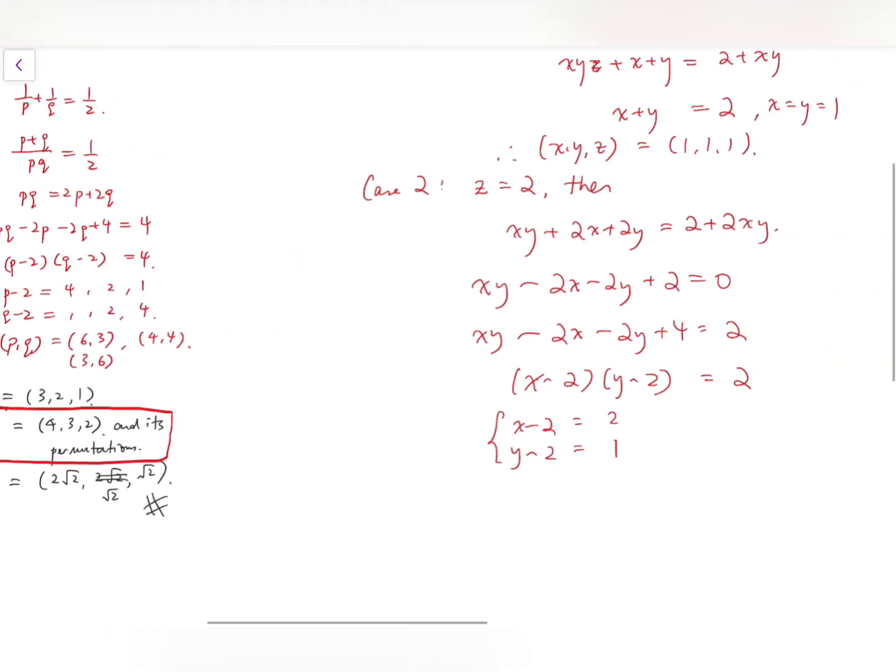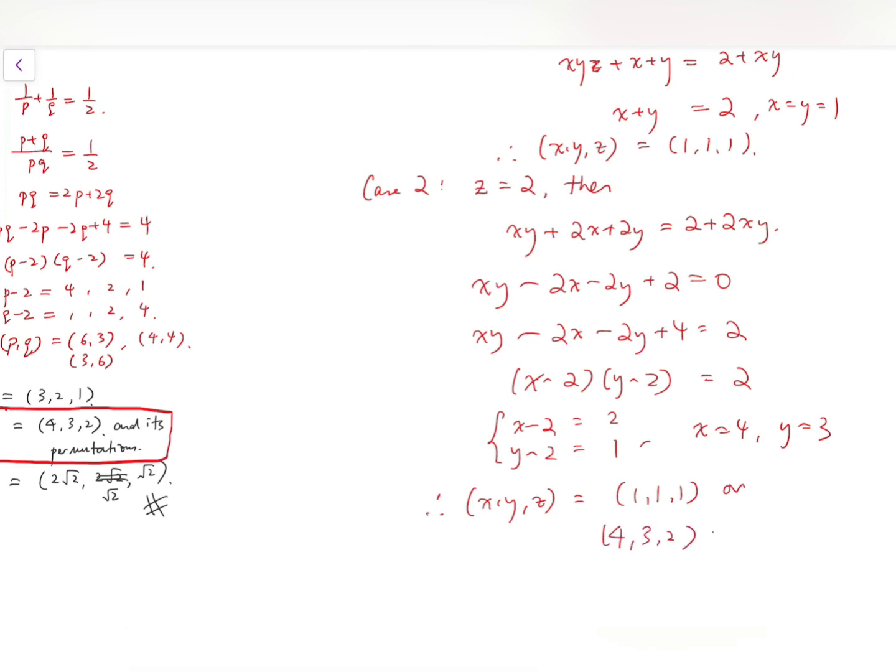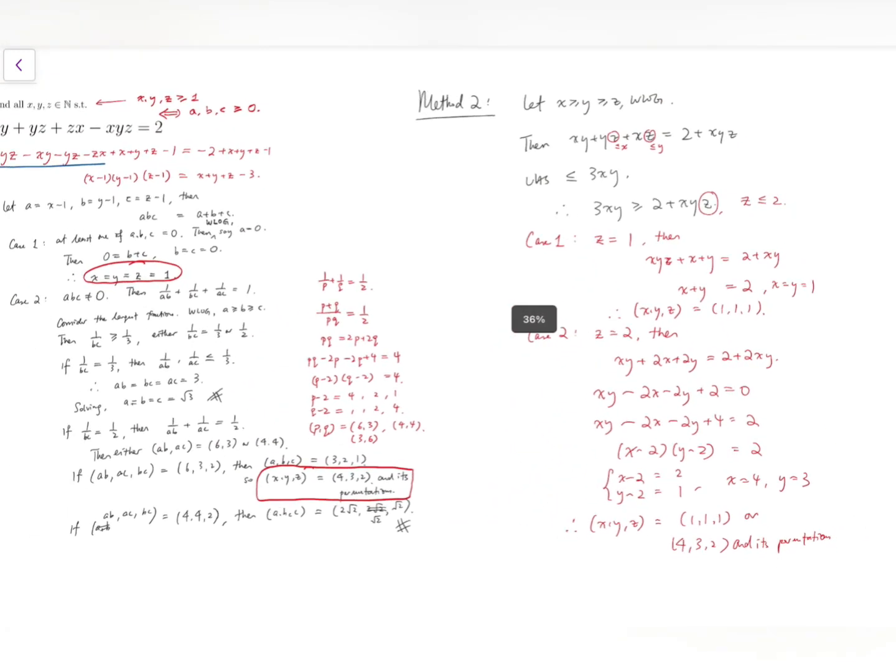Then solving, you will get x equals 4, y equals 3. So again, xyz is either triple 1 or 4, 3, 2, this set and its permutations. We only permute 4, 3, 2, but not the triple ones. Okay, so here are the two approaches that I have in solving this problem.